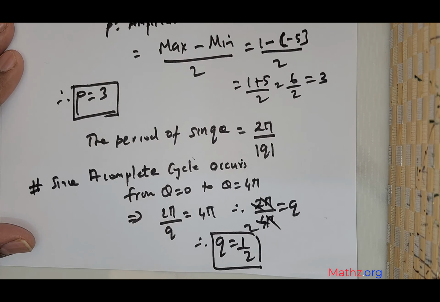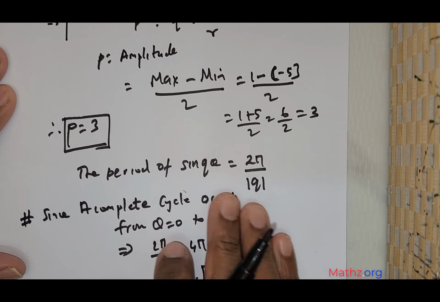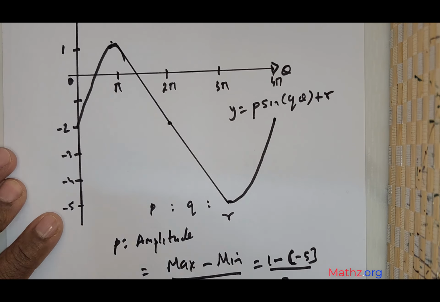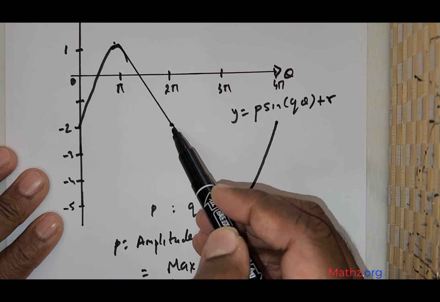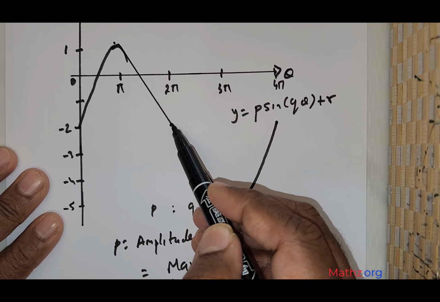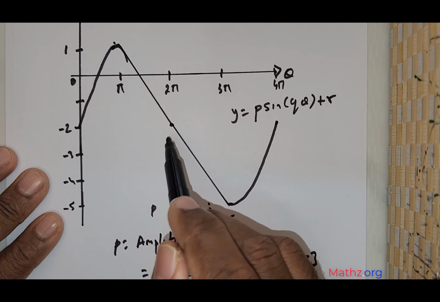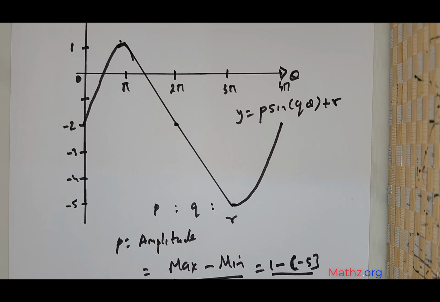Alright. Now next comes the vertical shift. Now let me finish off in this page itself. Now go back to the graph. Now you see here, this is an inverted U, but exactly at -2 it becomes U-shaped. Now this is how you spot the vertical shift.